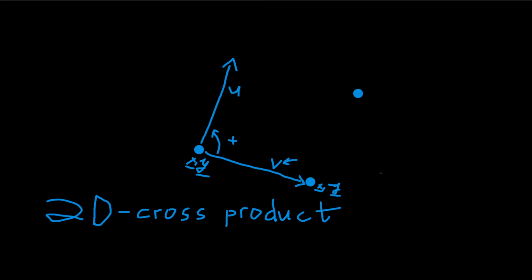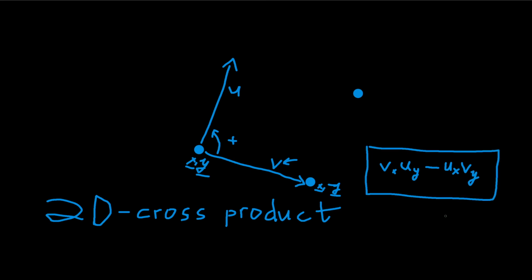Then, in order to get the 2D cross product, we take v x times u y minus u x times v y. And that's all we need to do.